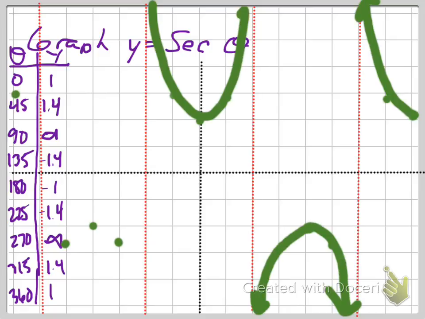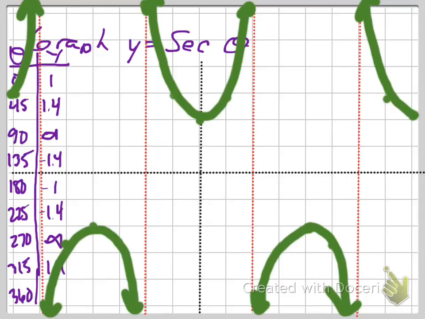So it's going to end up looking like that. Okay? Secant and cosecant. Those are also on your reference sheet, and you can see the period and stuff there.